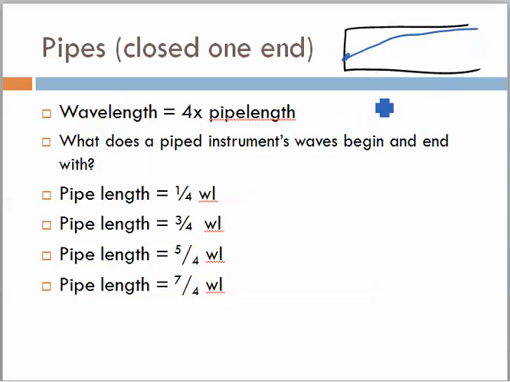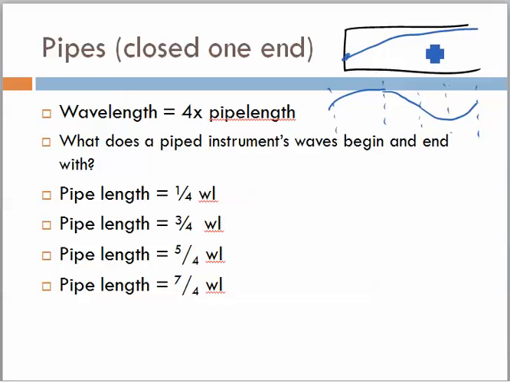And if I were to shrink this, this is actually to the first antinode, that's only 1/4 of the way through. Right, 1, 2, 3, 4 parts of a wave. So we say the pipe length, the first one, is 1/4.